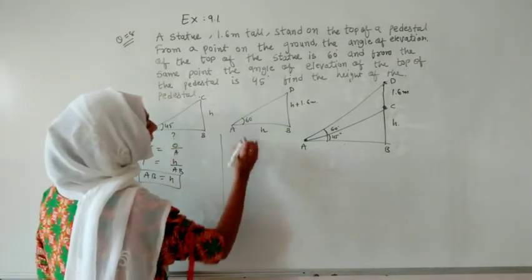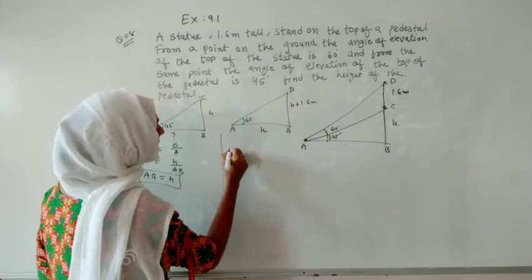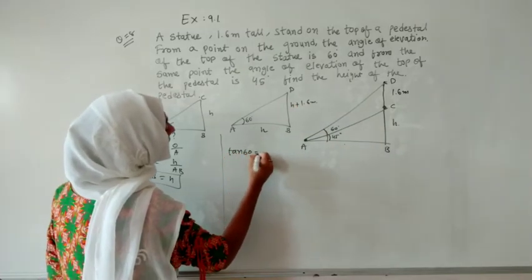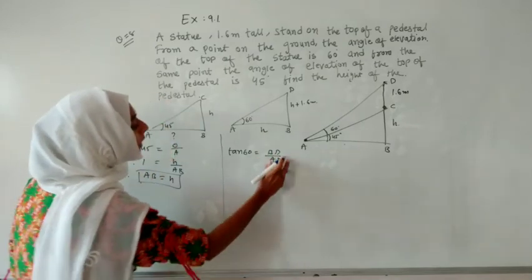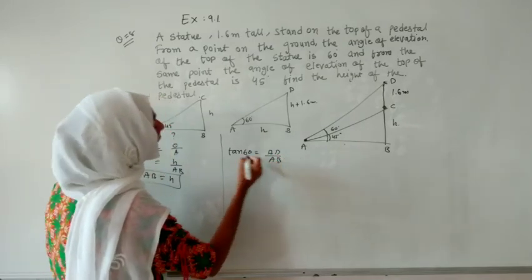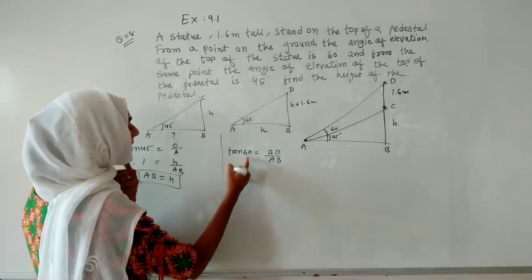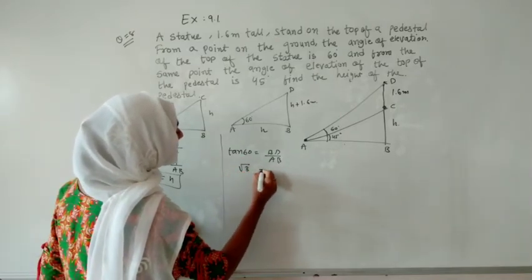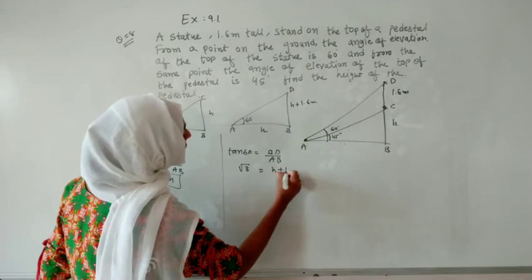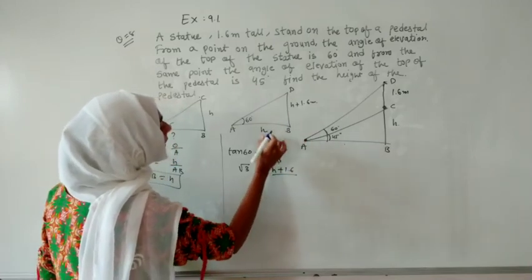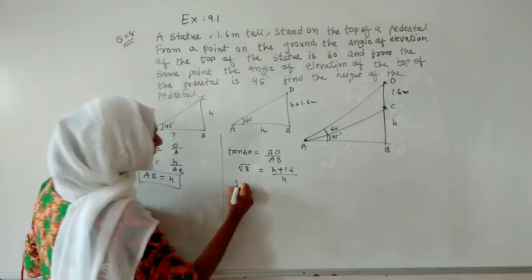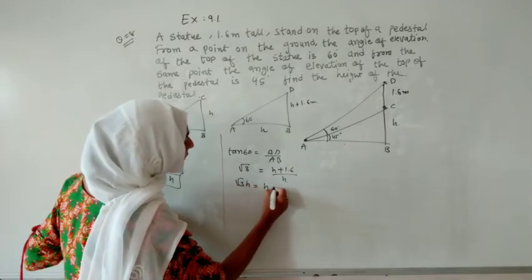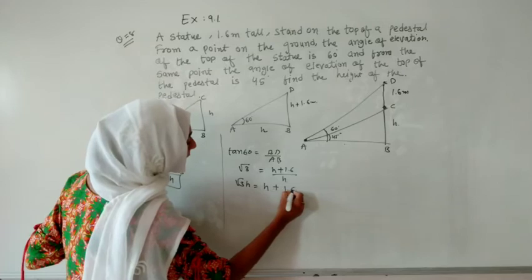Now we have to apply opposite upon adjacent again. So tan 60 is equal to opposite, that will be BD, and adjacent will be AB. Let us substitute values. Tan 60 is root 3. BD is H plus 1.6 meter and AB is given as H. Let us shift it, so it will become root 3 H equals H plus 1.6.